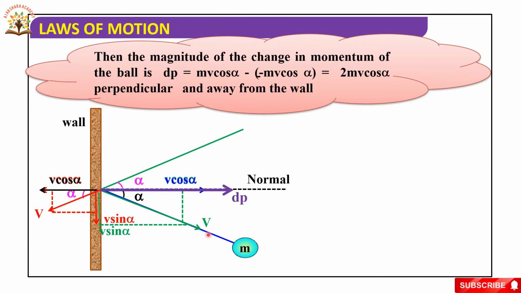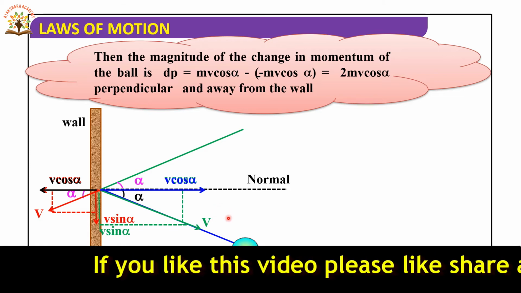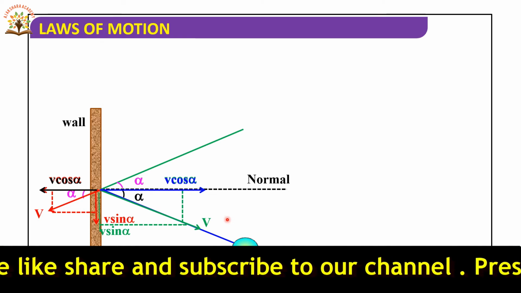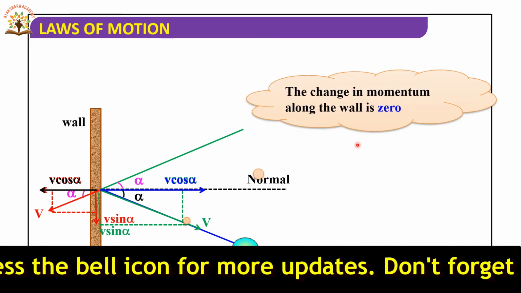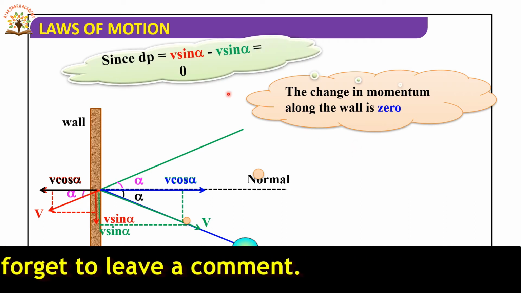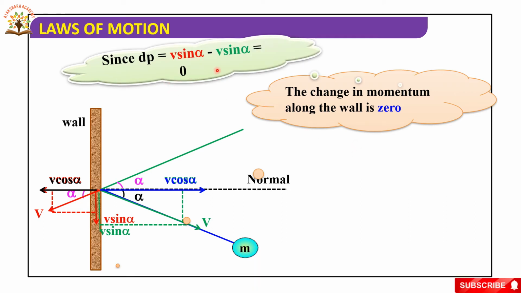This is dp, that is the change in momentum. The change in momentum along the wall is 0, since dp equals v sin alpha minus v sin alpha, plus and minus cancel, so that is 0. So the change in momentum along the wall is 0.